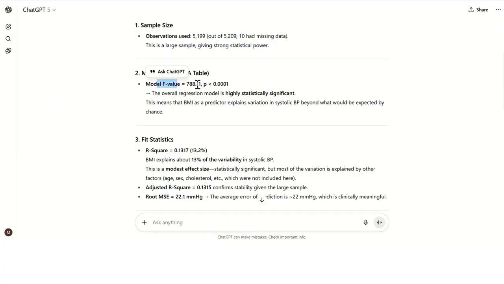Model F value 788, a very large value with the P way less than 0.05, even less than 0.0001. So the overall regression model is highly statistically significant, meaning that BMI as a predictor explains the variation in systolic blood pressure beyond what would be expected just by chance.